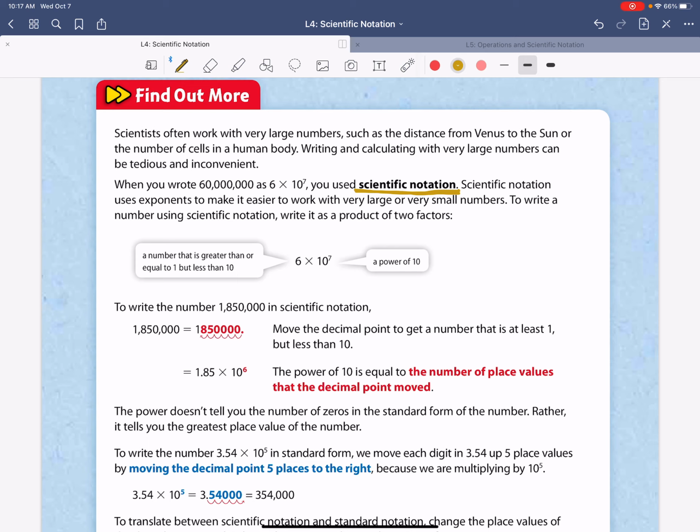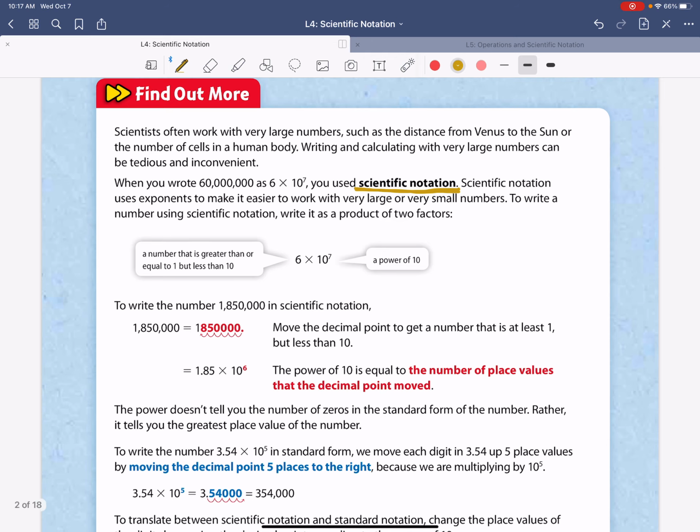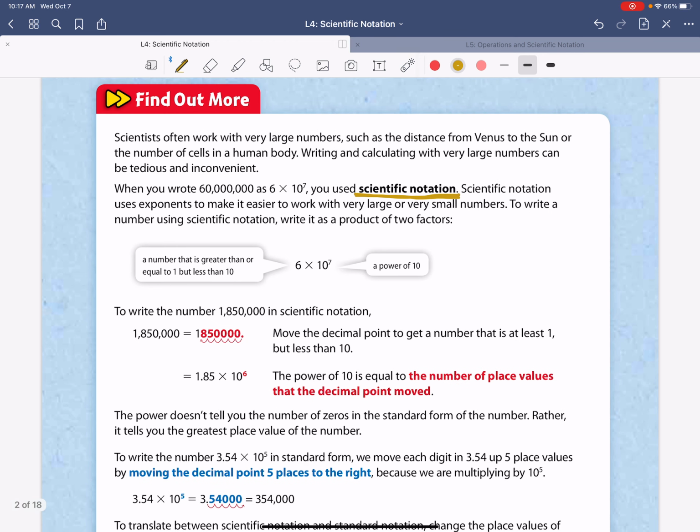To write a number using scientific notation, write it as a product of two factors. So 6 is a number that's greater than or equal to 1, but less than 10, so one digit. And then the second factor is a power of 10. So to write 1,850,000 in scientific notation, we need the number that's greater than or equal to 1, but less than 10.